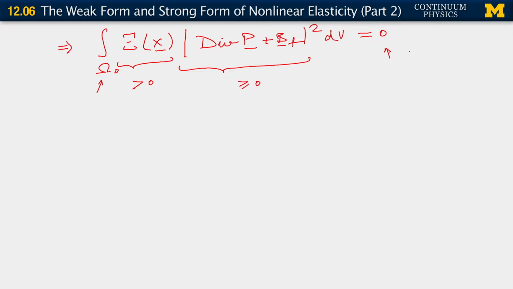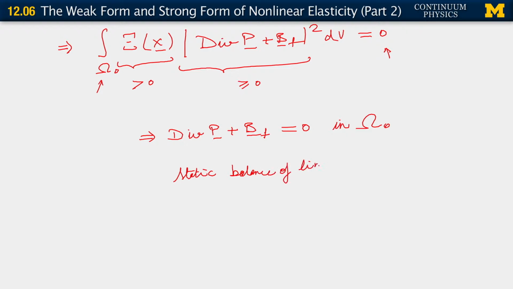So the only way this can work is if divergence of P plus BF equals 0 in omega naught. What we've done here is obtain through variational arguments the static balance of linear momentum.